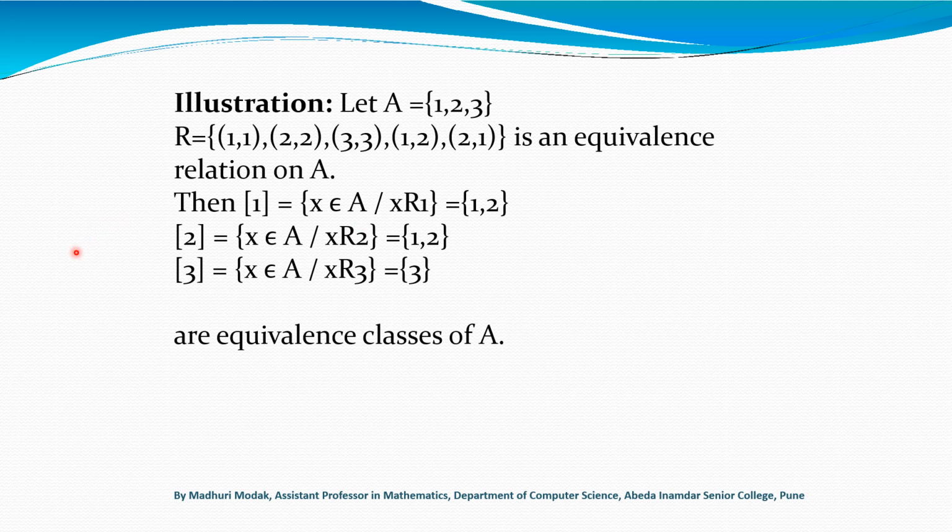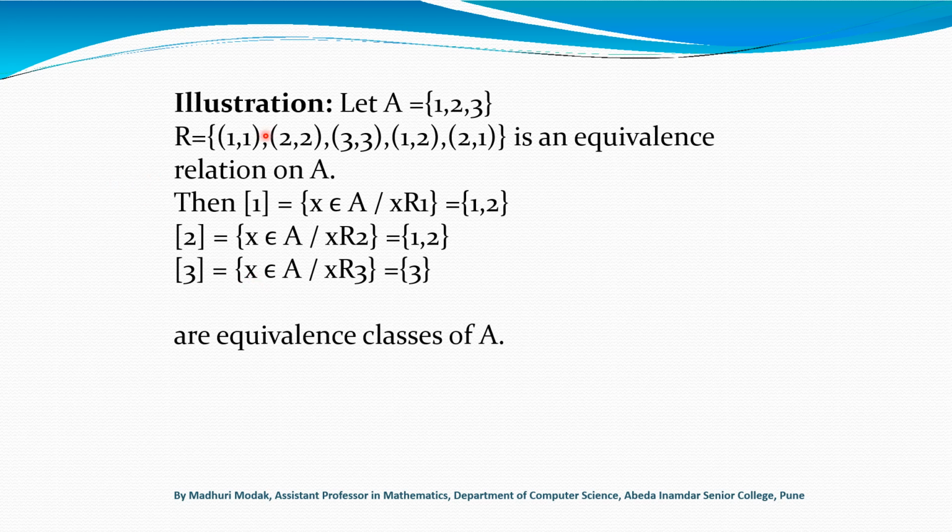It is {1, 2}. In a similar way, what is the equivalence class of 2? By definition, it contains x in A such that x is related to 2. So here 2 is related to 2 and 1 is related to 2. So again, 1 and 2 are members of the equivalence class of 2. Now the equivalence class of 3 contains x in A such that x is related to 3.